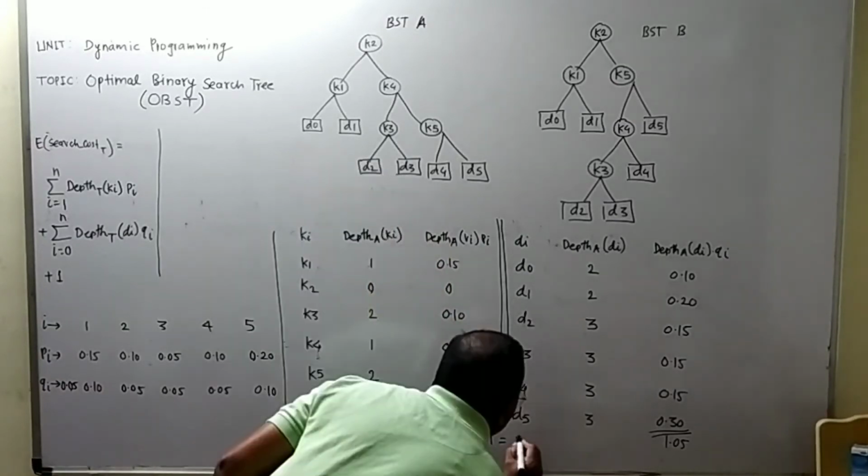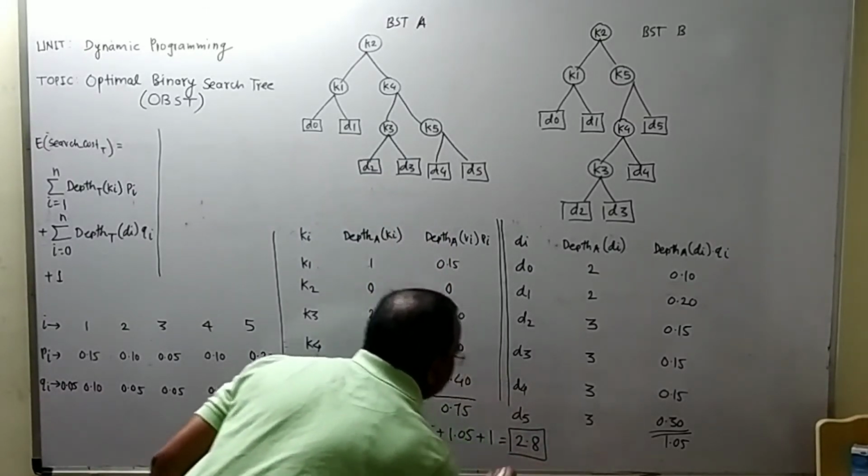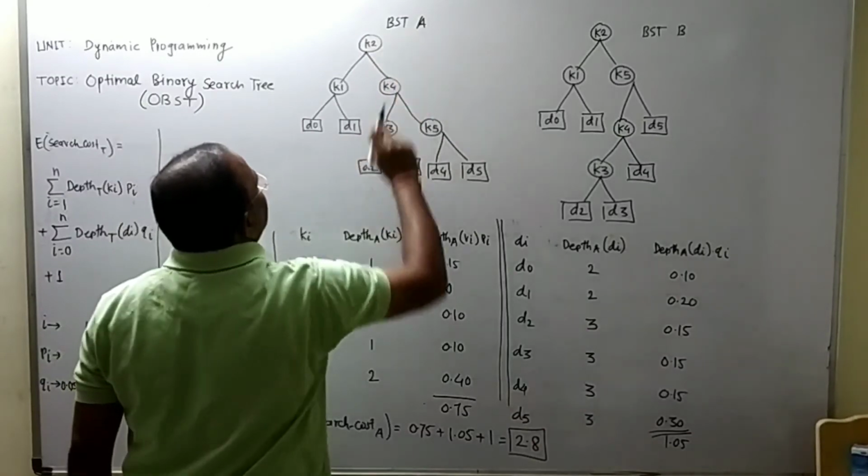It gives 2.8. This is nothing but the expected searching cost of the BST-A.